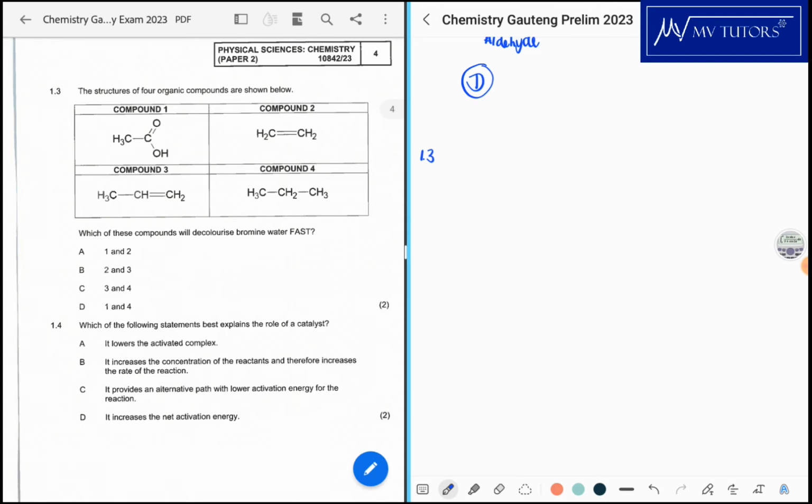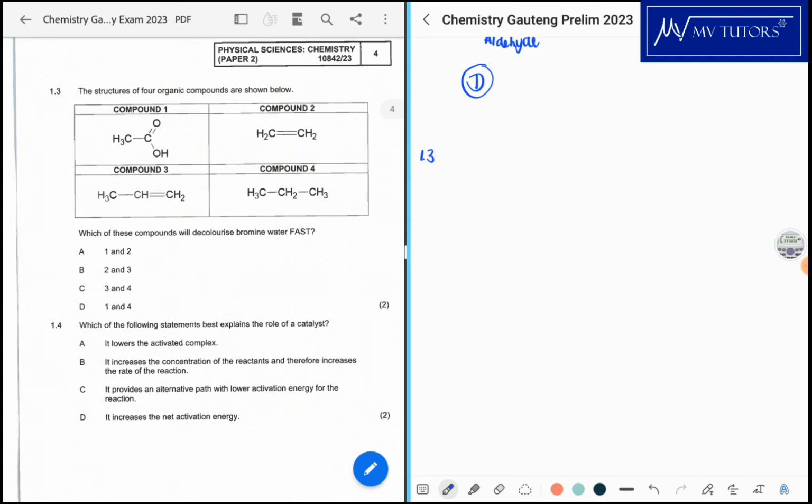Now the question says, which of these compounds will decolorize bromine water faster? If it will decolorize it, we need something that can have addition reactions. So compound 4 will not work because that is an alkane. It is already saturated. So we're going to look for unsaturated compounds, and I can see that it is compound 2 and 3. Don't consider compound 1 just because you have a double bond.